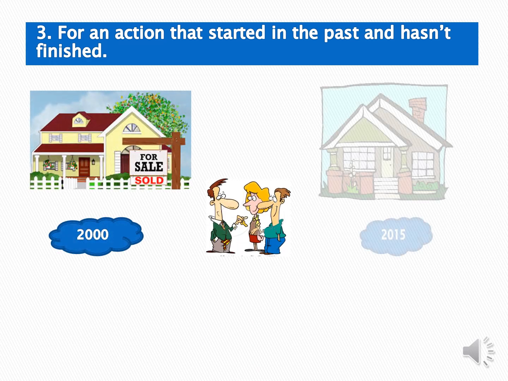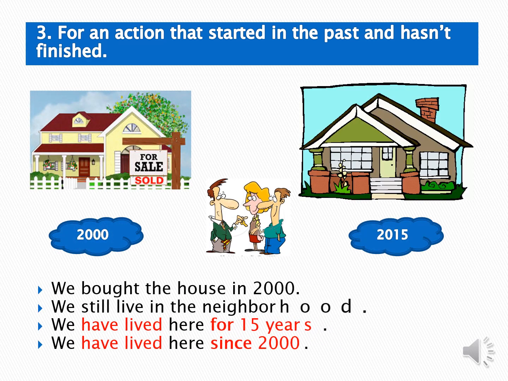The third usage of present perfect tense is for an action that started in the past and hasn't finished. So it still lasts until now. Let's see the example. We bought the house in 2000.